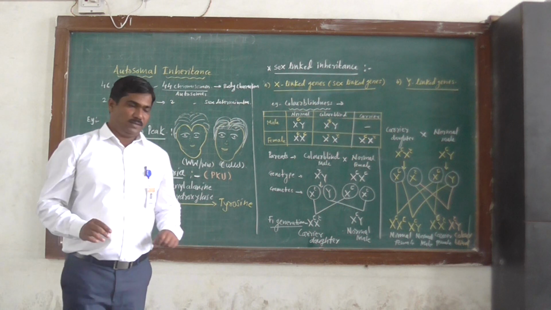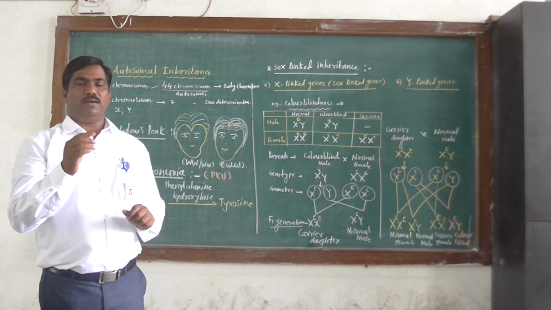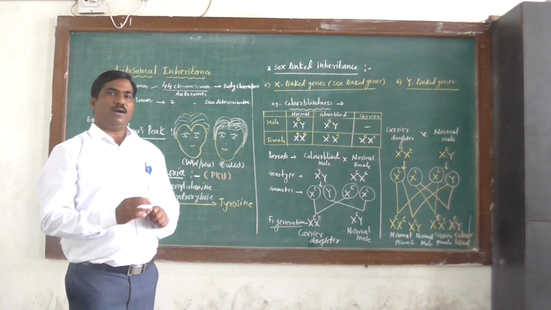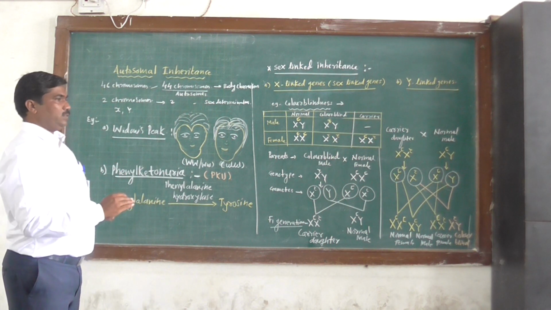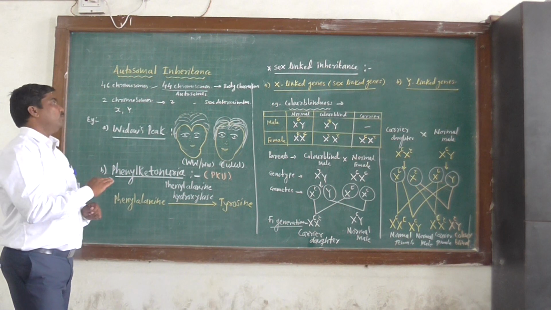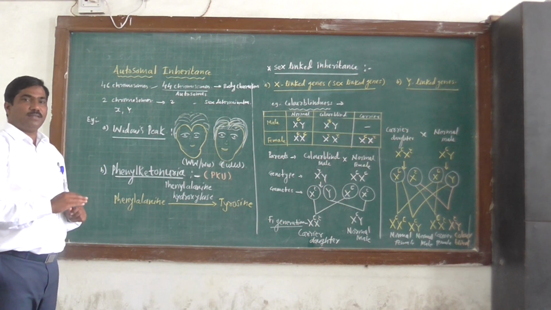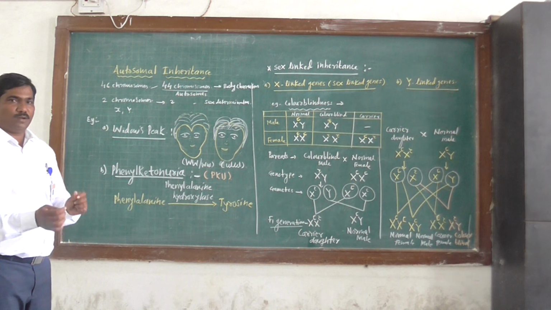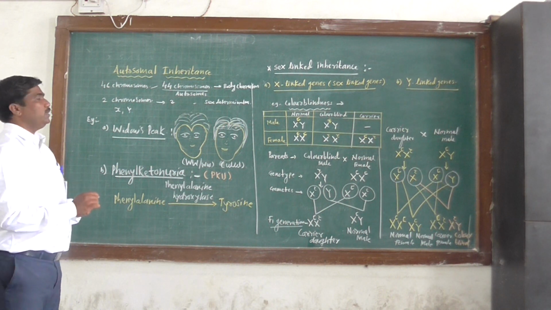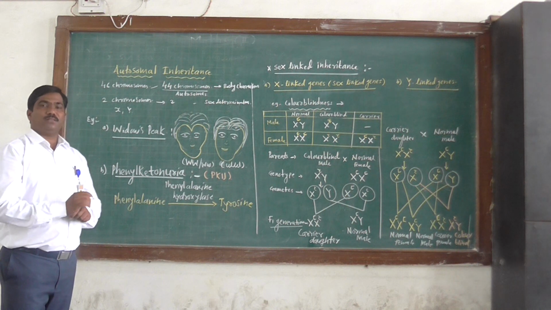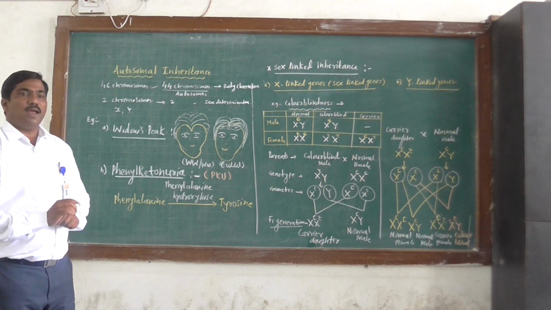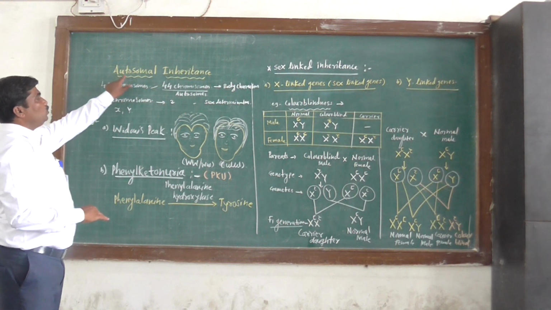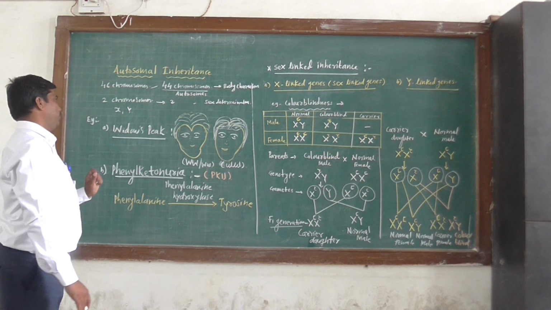Some body characters are inherited along with the autosomes. The characters inherited along with autosomes from parent to offspring are called autosomal characters or autosomal traits, and their mode of inheritance is known as autosomal inheritance.